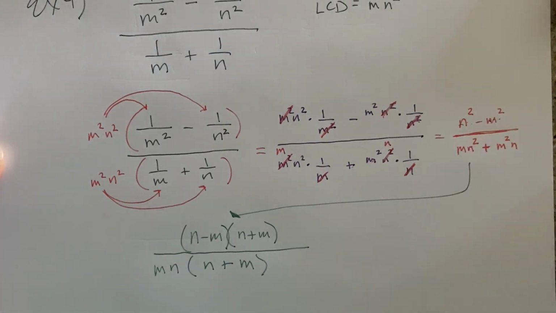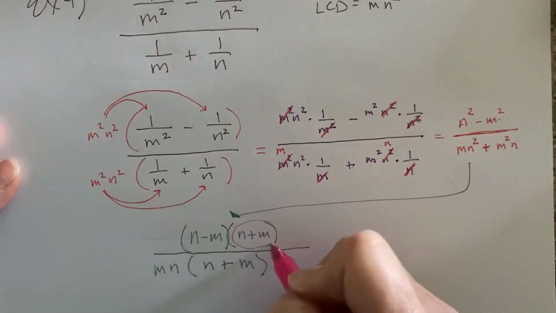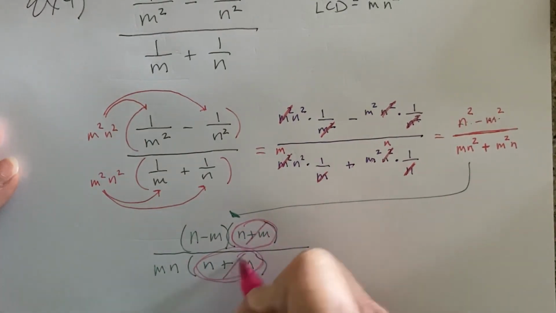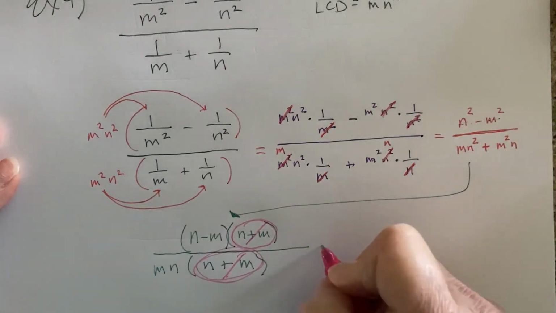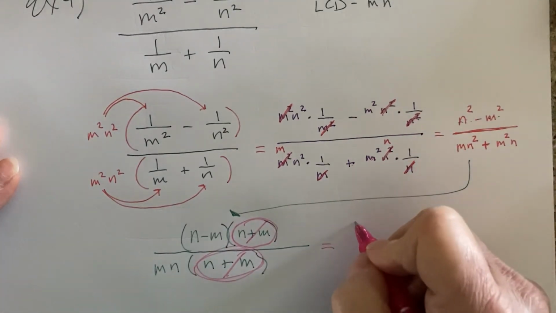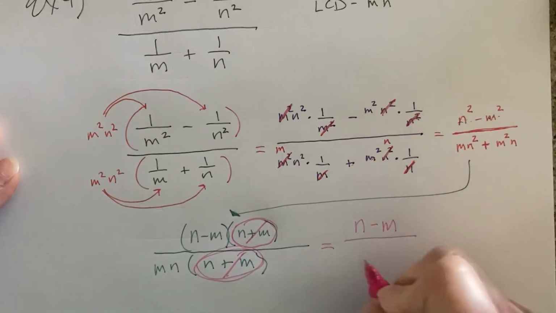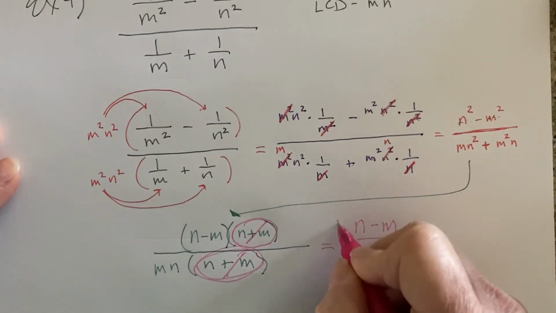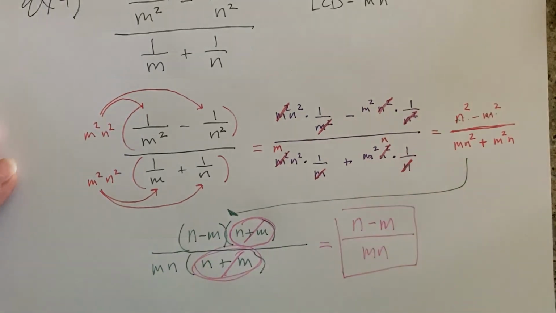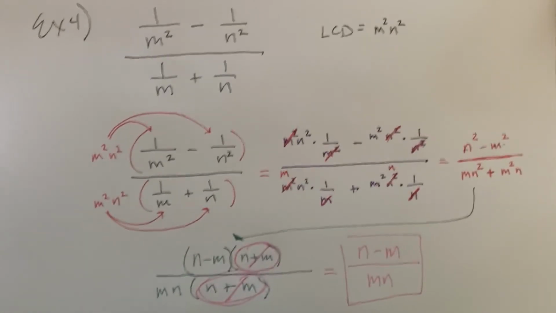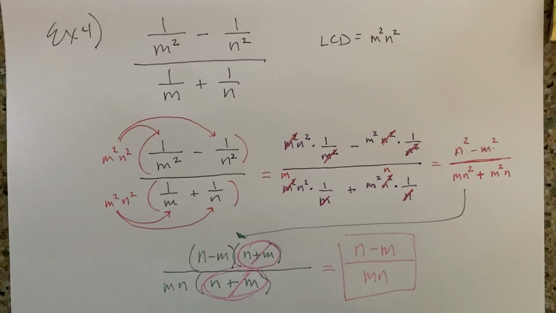So now you can see that we have this common factor, and it will divide out, leaving us with our final answer, n minus m over m times n.